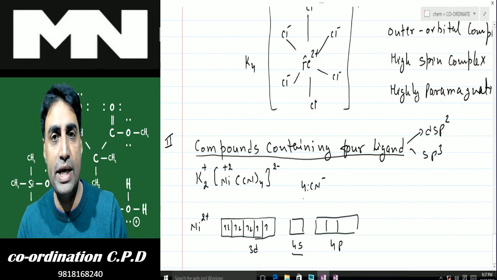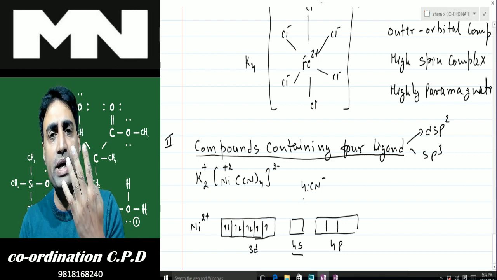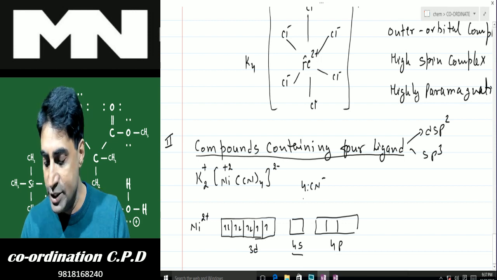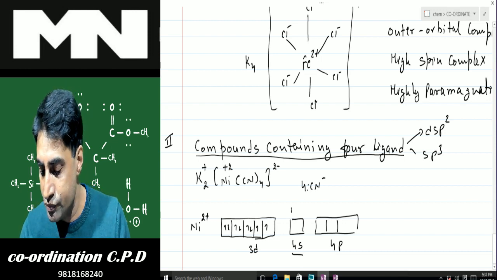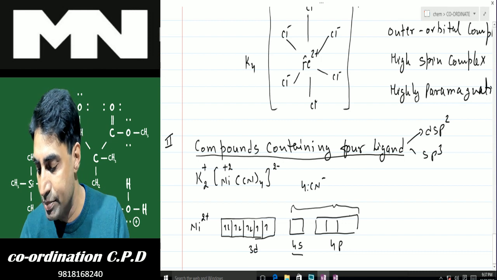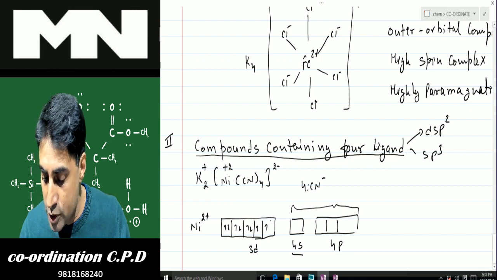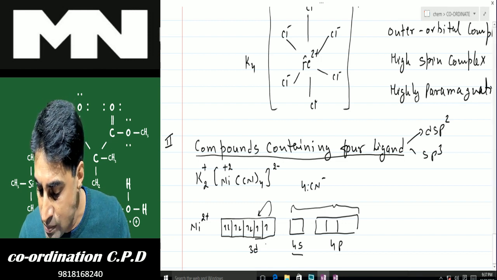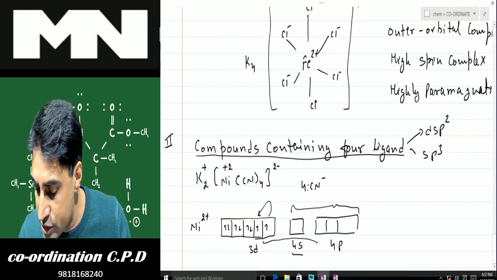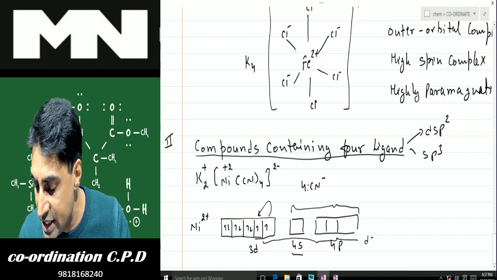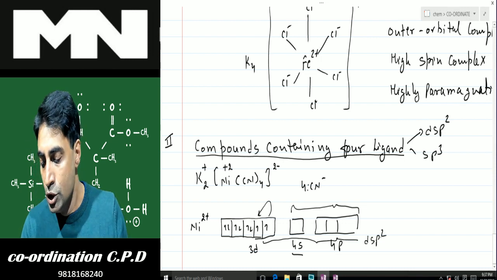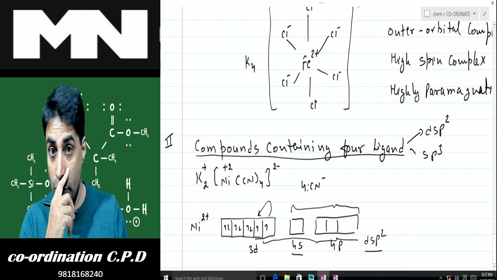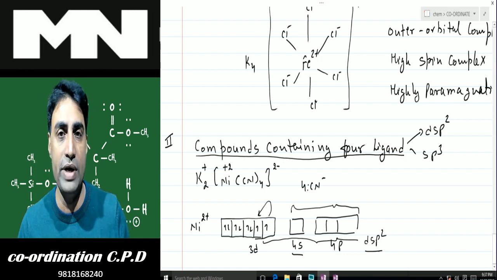So for that, we have to have 4 empty orbitals. The two possible symmetries are sp3, where you will see 4 empty orbitals, or the other possibility is that this electron will jump here, it will get paired, and the hybridization you will have is dsp2. So in this case, dsp2 will happen because, as I told you earlier, cyanide is a strong field ligand.